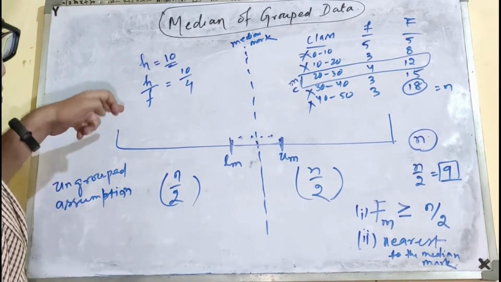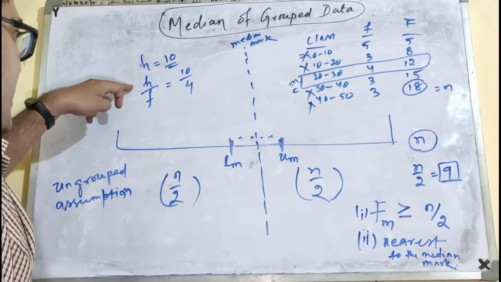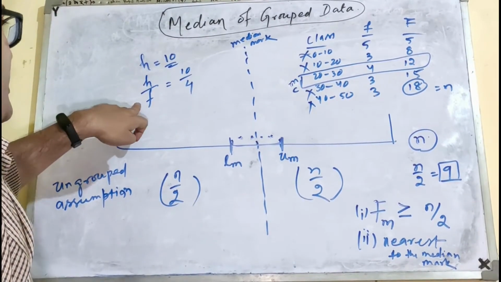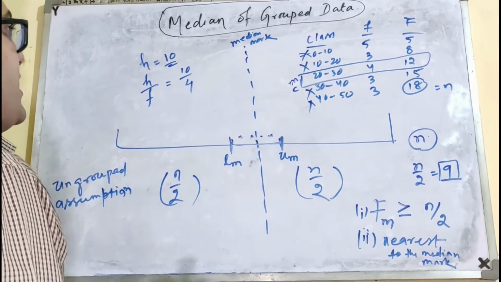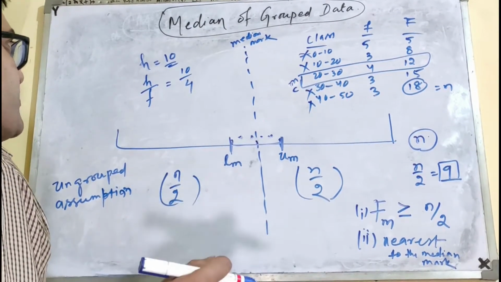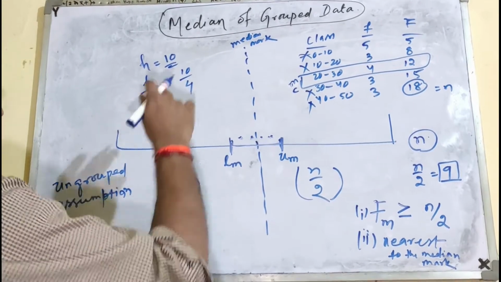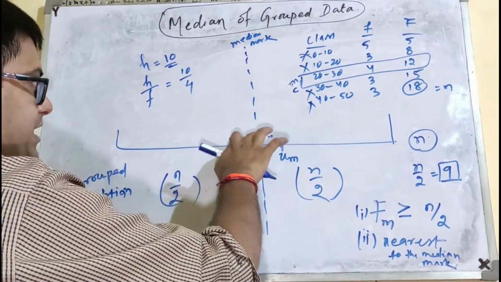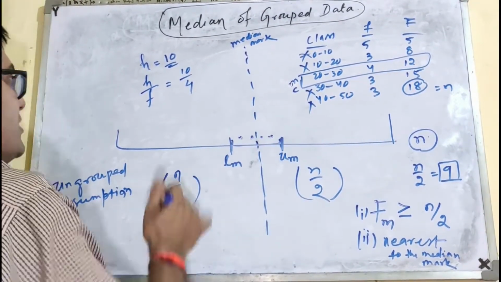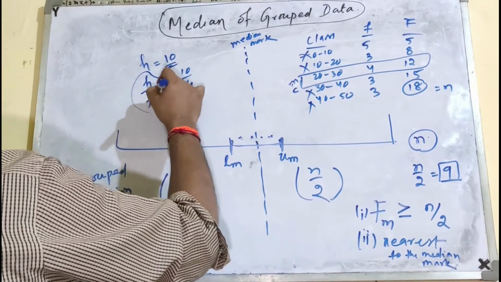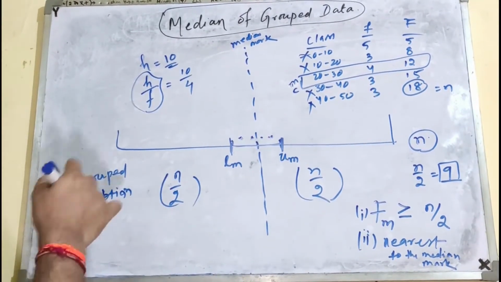So h upon f is going to give us the assumed individual spacing between the data points inside that interval. So h upon f is one of the things we are going to use.